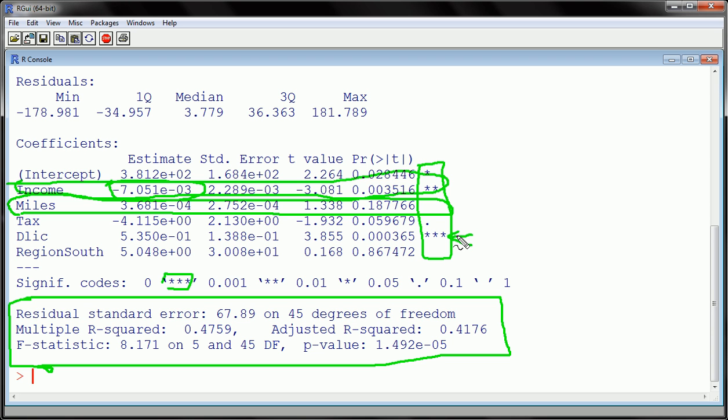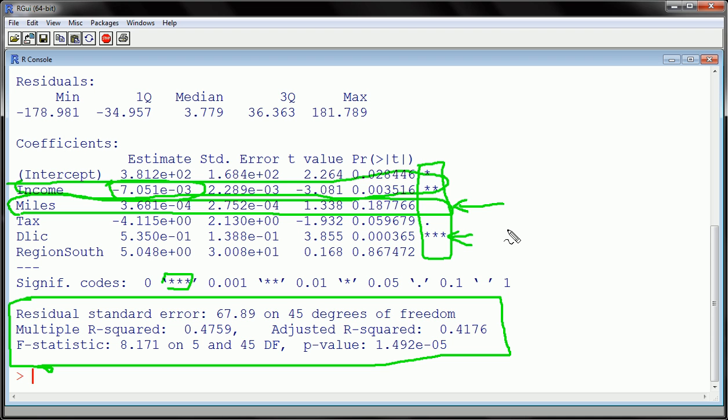Put in other words, this particular feature has a strong linear relationship with our target, which is fuel. Whereas this particular feature seems not to have a significant linear relationship with our target fuel. So this gives you some idea of which independent features are contributing something and which are not.